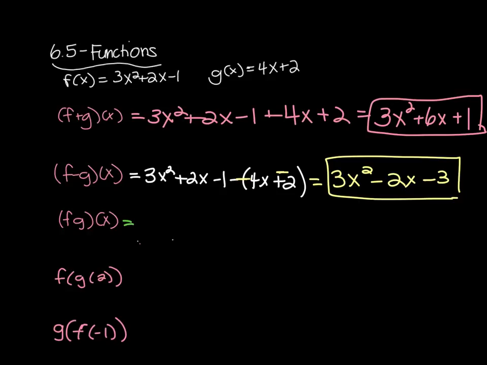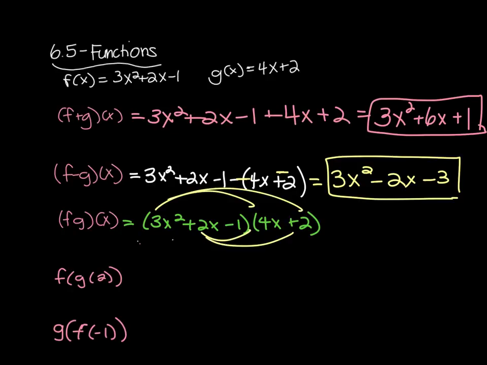Then comes the multiplication. 3x squared plus 2x minus 1 times 4x plus 2. And then you would FOIL this out. So I distribute, distribute, distribute, distribute, distribute, distribute.